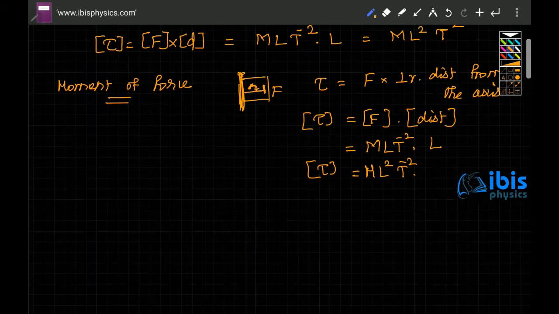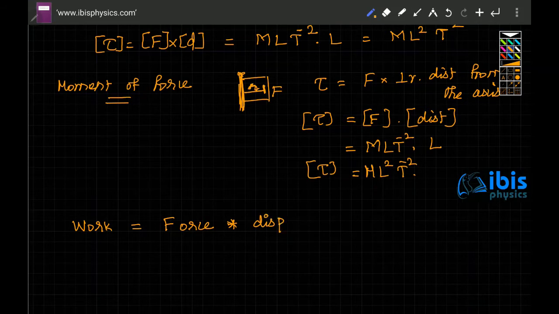Then comes work done. What is work done? Work done by a force is the force acting multiplied by the displacement of the object on which the force is acting, or the point of application of the force.